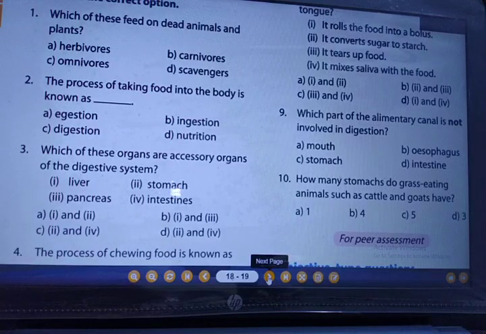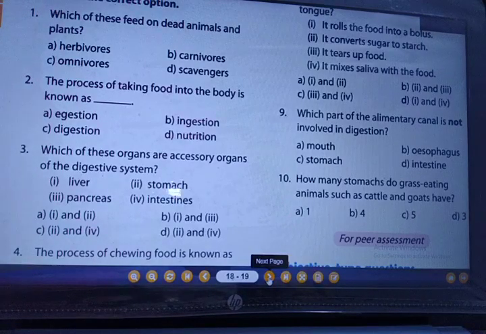Which type of living organism eats dead animals' body parts? They are called scavengers. They are neither herbivorous, nor carnivorous, nor omnivorous. Scavengers eat the body parts of dead living organisms.